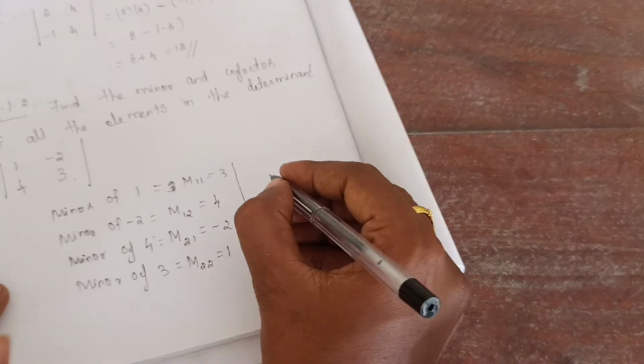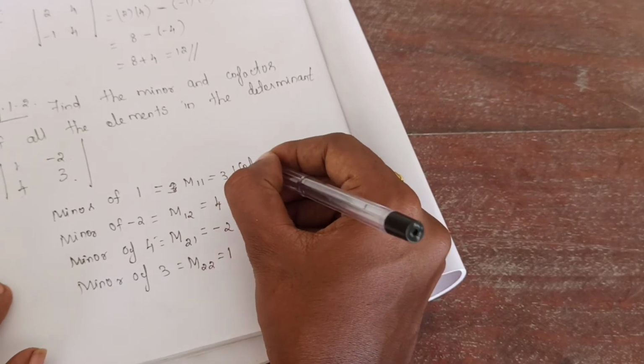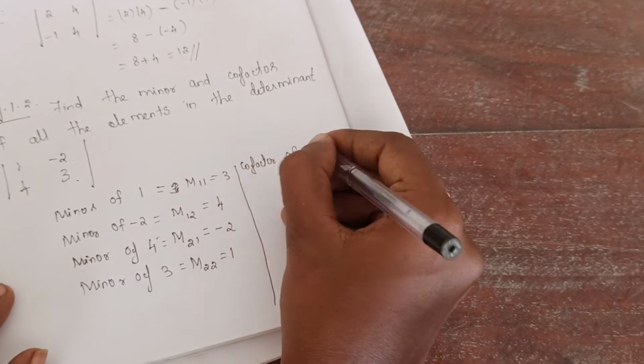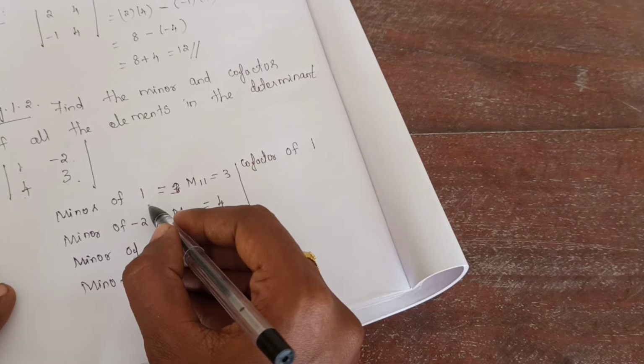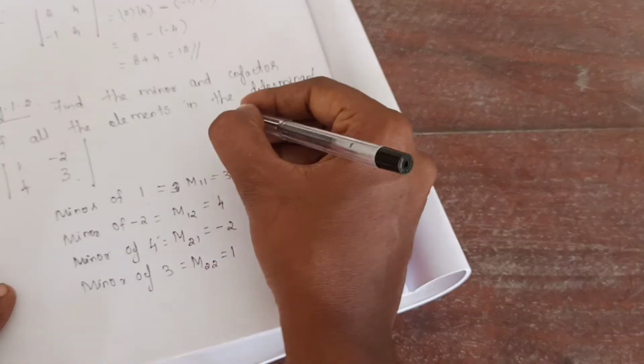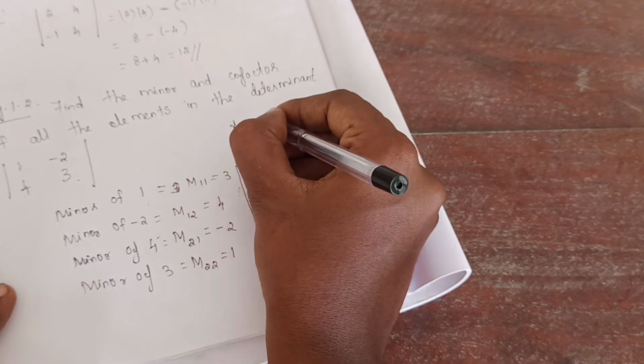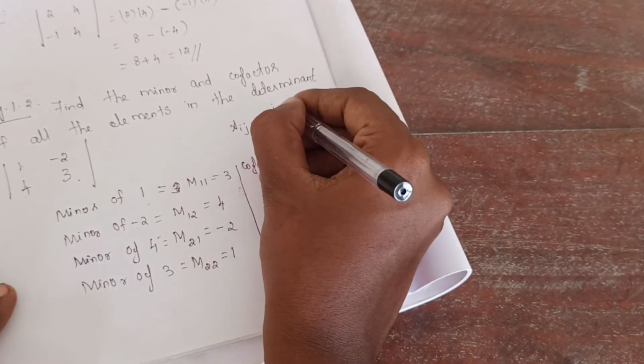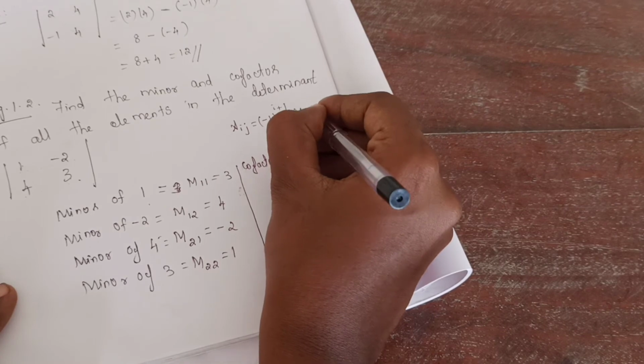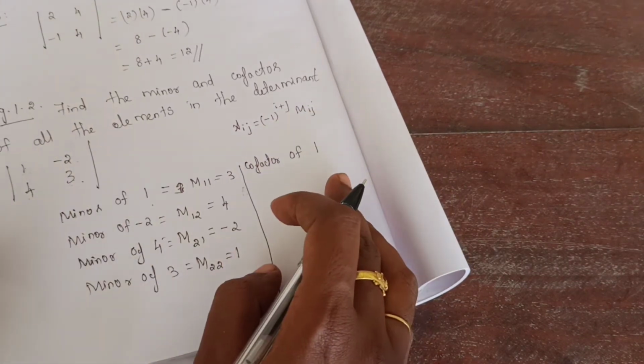Here itself I am finding the cofactor of 1. The minor of 1 we have already found. For the cofactor, I have explained one formula: aij is equal to minus 1 to the power i plus j into mij. This is the formula we are going to use.